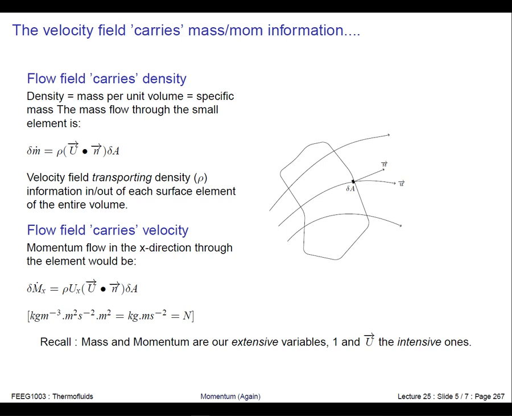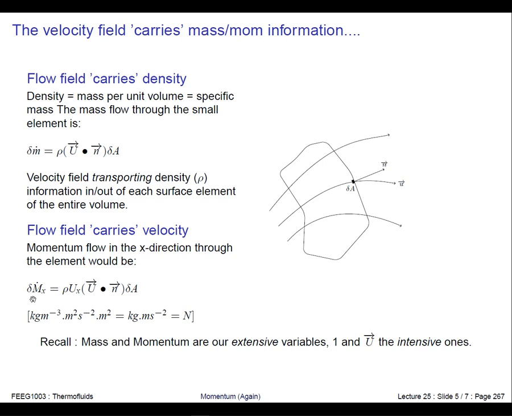When we want to start thinking about conserving momentum flow, we can just make use of the argument that we use with mass flow. When we work out our mass flow, this normal component of the velocity is actually carrying density out through the control volume surface. So we can use the same approach and say we want to carry momentum out through this little elemental surface here.